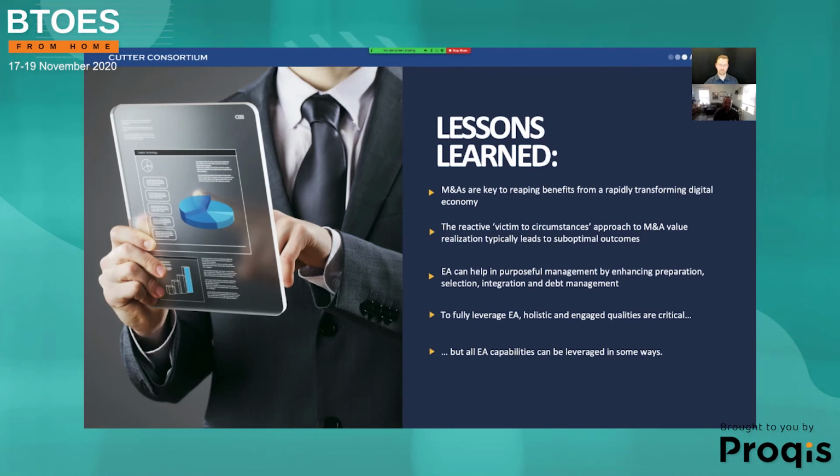This reactive, sort of victim-to-circumstances approach to mergers and acquisitions value realization leads to not only suboptimal outcomes, but sometimes potentially detrimental outcomes as well. Acquisitions that had really good intent and really good potential value potentially not only capture no value, but actually destroy value as well.